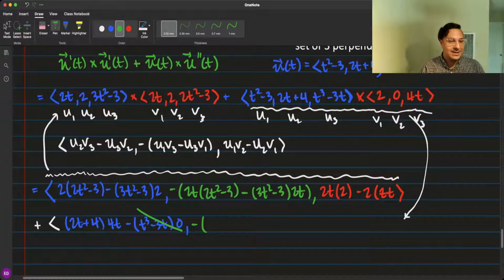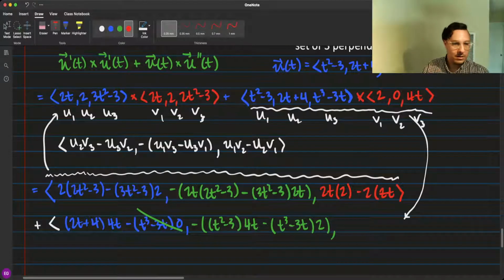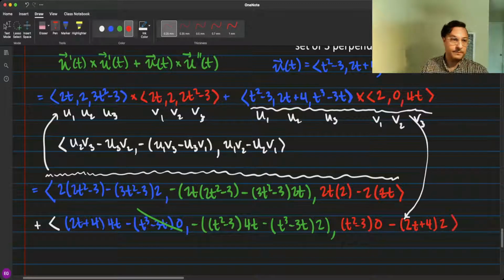Okay, and then minus U1, which is t squared minus 3, times V3, which is 4t, minus U3, which is t cubed minus 3t, times V1, which is 2, comma, U1, which is t squared minus 3, times V2, which is 0, so that's going to go away, minus U2, which is 2t plus 4, times V1, which is 2.